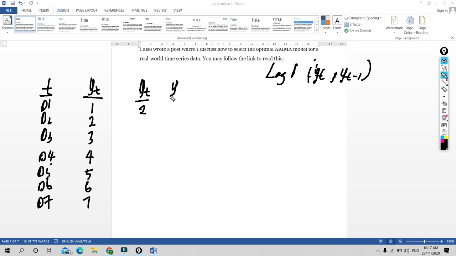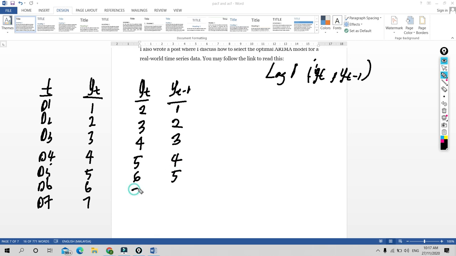Okay. So for lag 1, we are calculating the correlation between YT and YT minus 1. If you calculate the correlation between these two data, YT and YT minus 1, this will give you the ACF for lag 1. So when you plot, for lag 1 you get one point here, which is the coefficient.